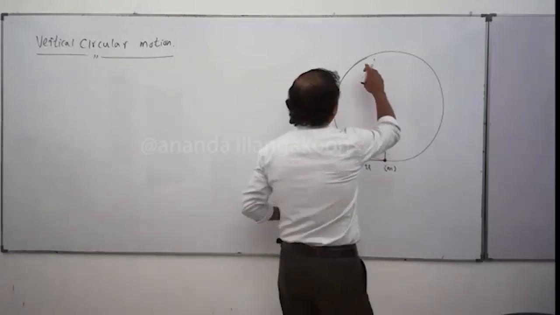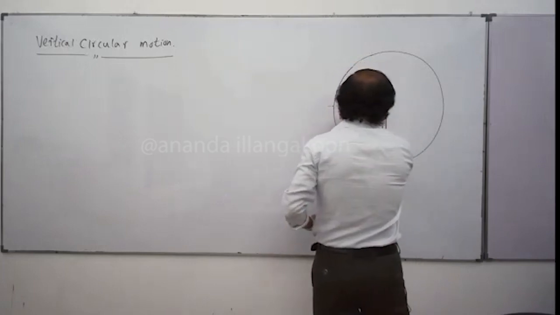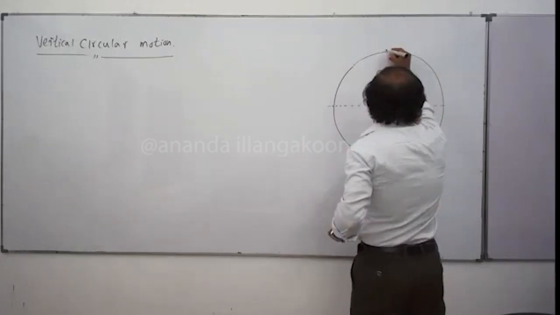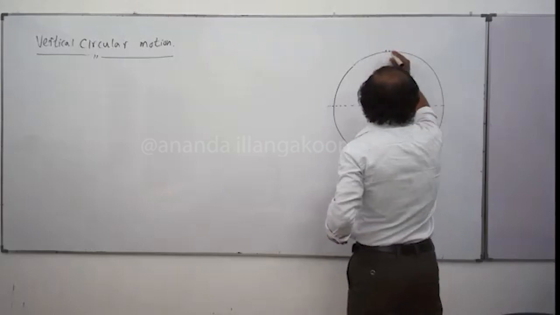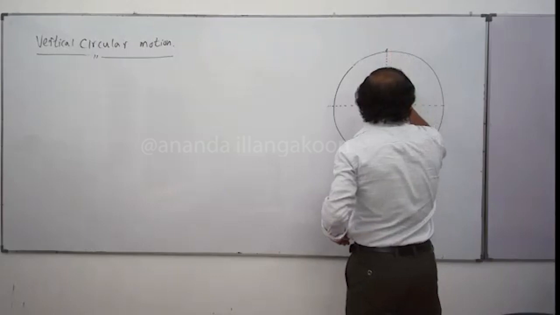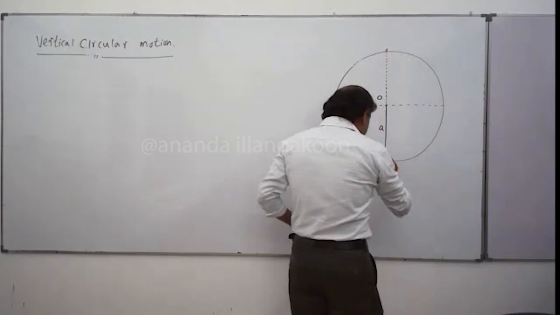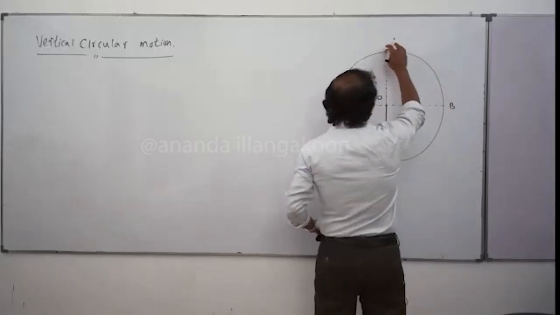Now, I'm going to draw this horizontal line and this vertical line. I'll take this lowest position as A, this horizontal position B, and this highest position C.